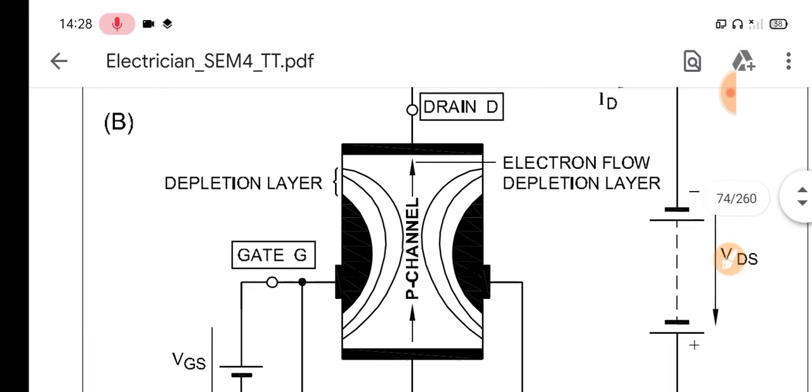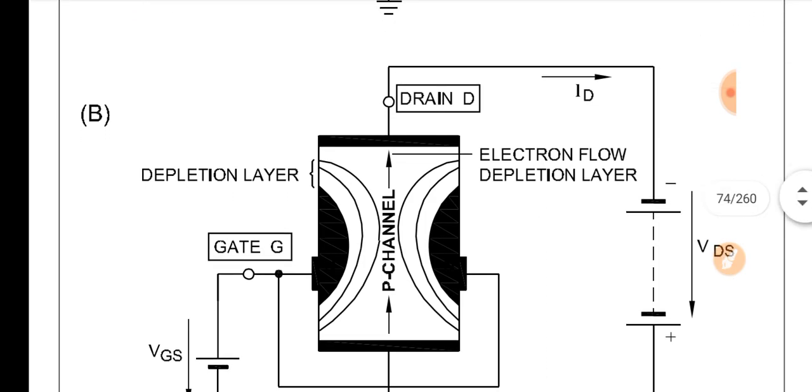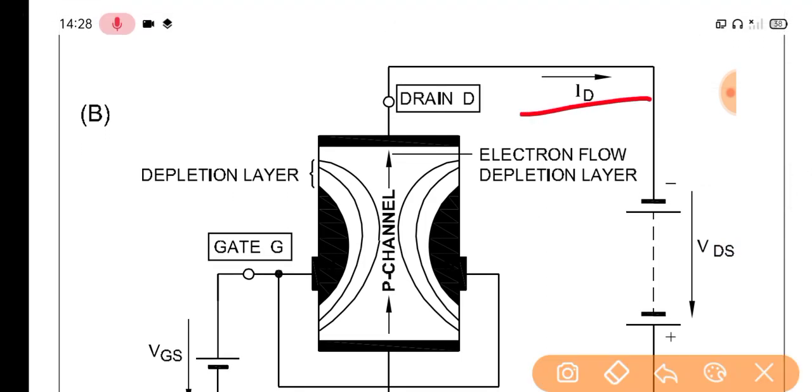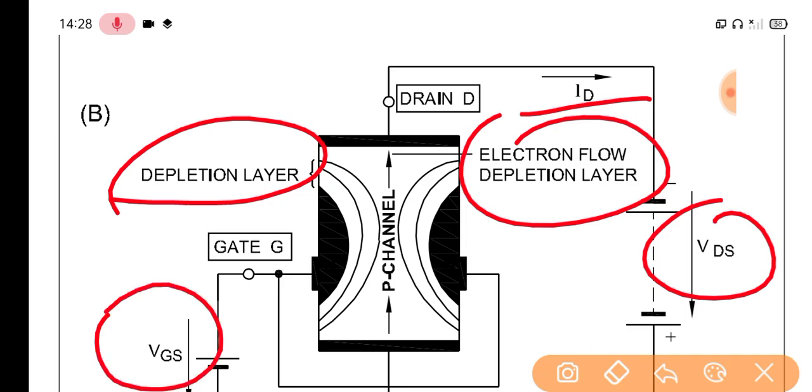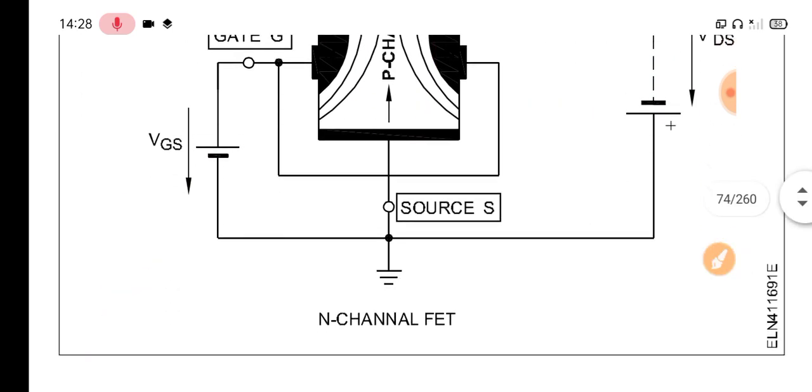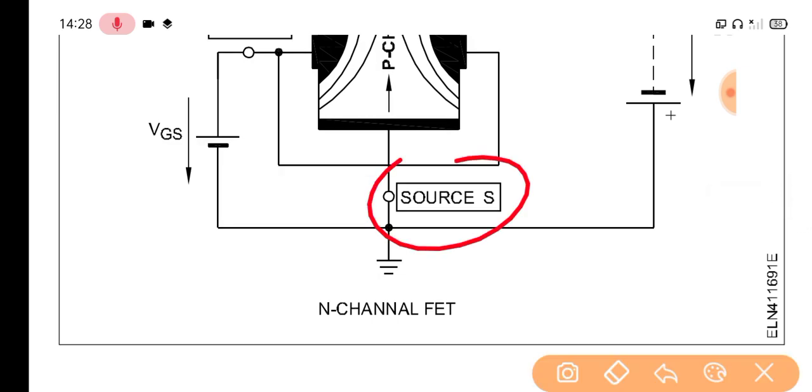This is the drain current. And the depletion layer, electron flow depletion layer, voltage drain source, depletion layer, gate and voltage gate source, and this is the P channel. This is source.